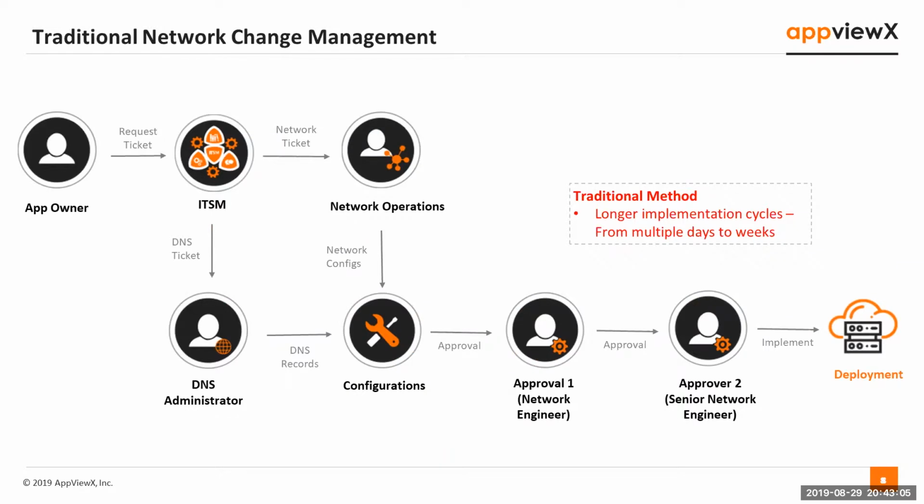Now, looking at traditional network change management to begin with, most companies experience longer implementation cycles from multiple days to weeks due to the complexities and siloed structures within their business environments. Oftentimes you have application owners or developers making request items through ticketing systems, which are then translated or processed or interpreted by multiple technology skill set contributors in the way of network operations, perhaps DNS administration, security operations, and so forth.